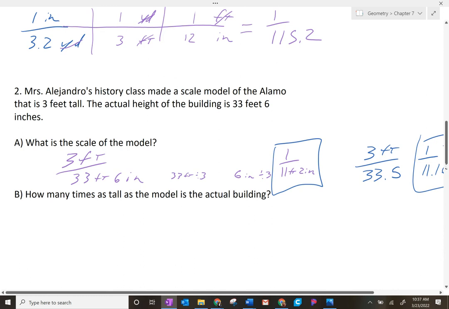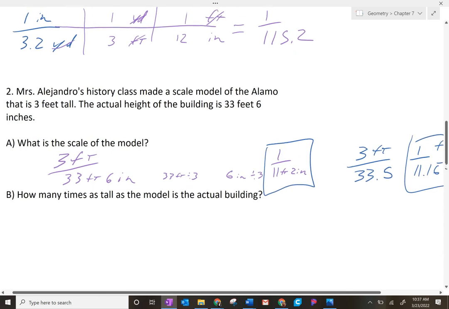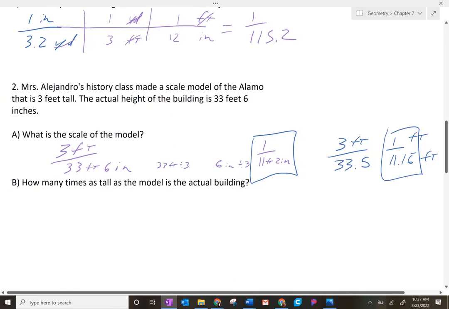I don't need to convert anything anymore because they both have the exact same label. It's asking me how many times as tall is the actual building as the model. So the actual building is going to be 11.16 times as tall.